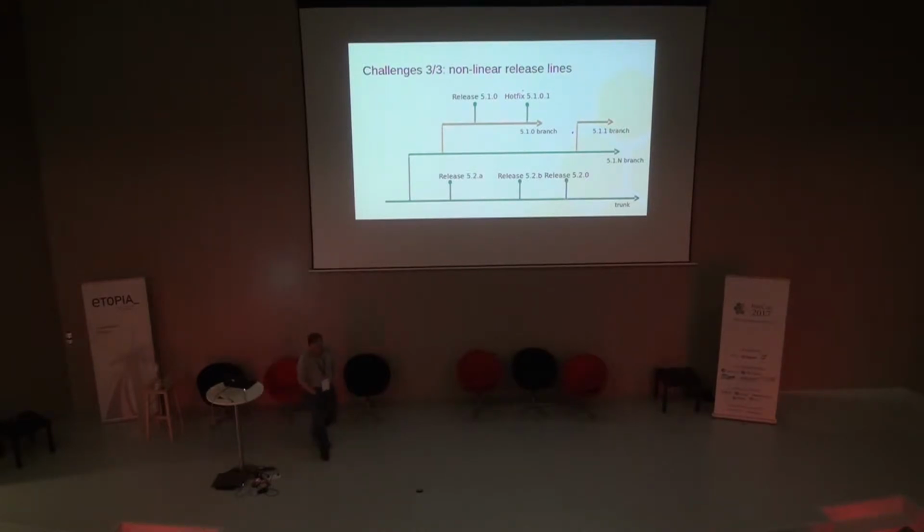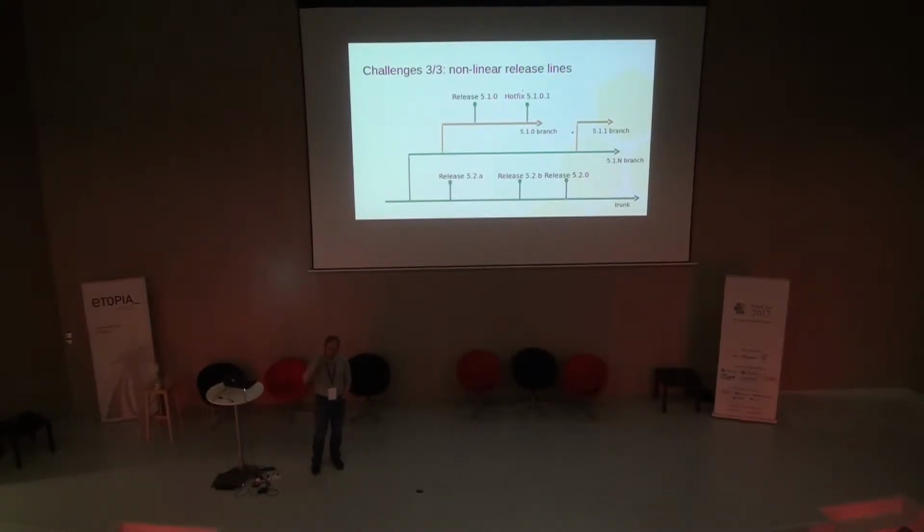Another interesting challenge that we don't see much these days is that we have non-linear release lines. What do I mean here? These days, many people release apps or SaaS services or websites, and all of that is very linear.